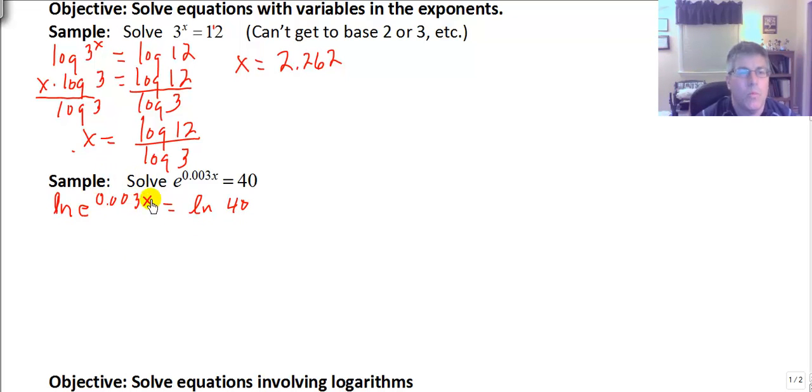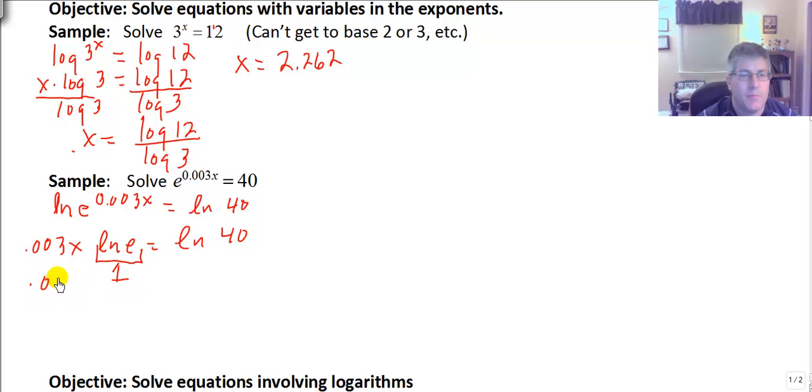Again, we can apply our properties of logarithms here, and we get 0.003x natural log of e equals natural log of 40. Well, hopefully we know that the natural log of e is 1.